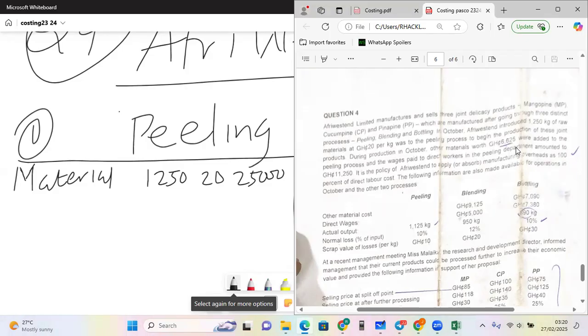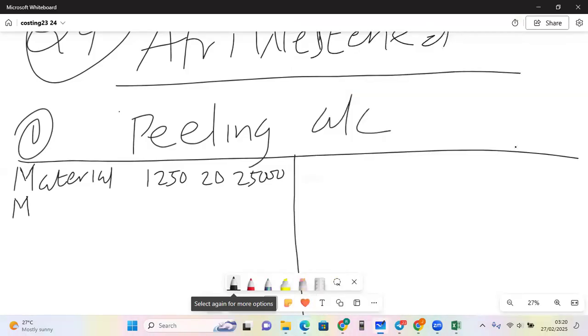So material again, 6,625. Because they didn't add any units, it just brings up the total amount. This is actually process costing, which was treated in class.